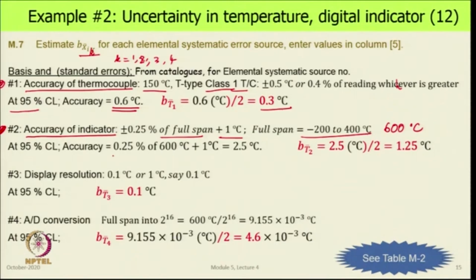So, this becomes 0.25% of 600 degrees Celsius plus 1 degree Celsius, which is 2.5 degrees Celsius. And again we go with 95% confidence level, 2 sigma. So, our standard error due to accuracy of the indicator, B_T2 bar, is this value 2.5 by 2, which is 1.25 degrees Celsius.